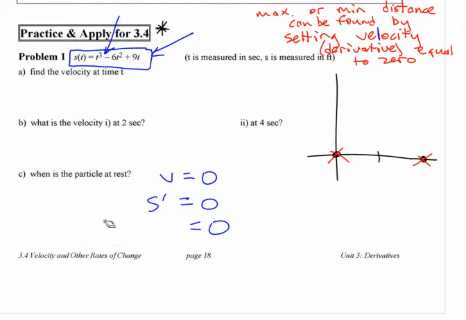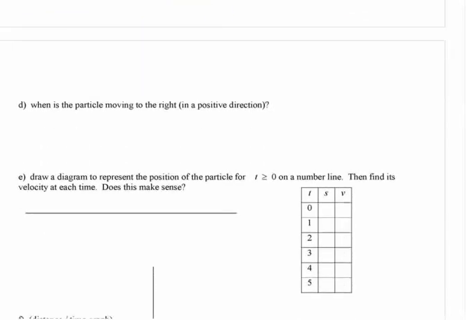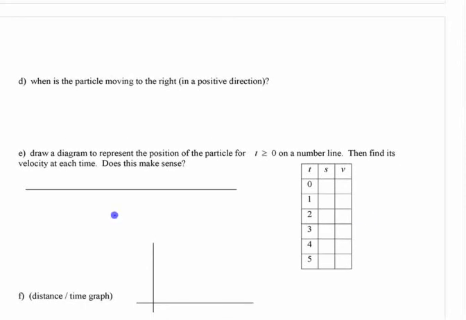So if this is the position, even if you don't have any physics formulas, you can create your own physics formulas by using the relationship between those things. Velocity is the derivative of position. Acceleration is the derivative of velocity. And then use the concept that if you want to know when it's at rest, find where velocity is 0. As you work through this, I want you to write out a statement first: if I want to know when it's moving to the right, I want to know when its velocity is greater than 0, right?